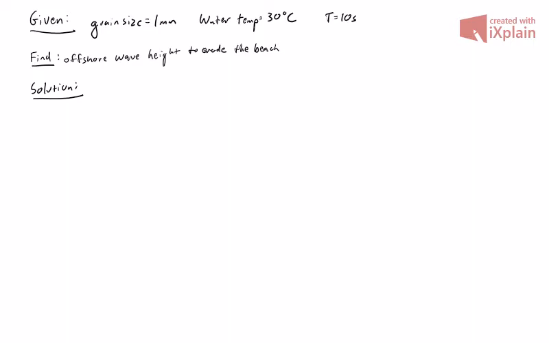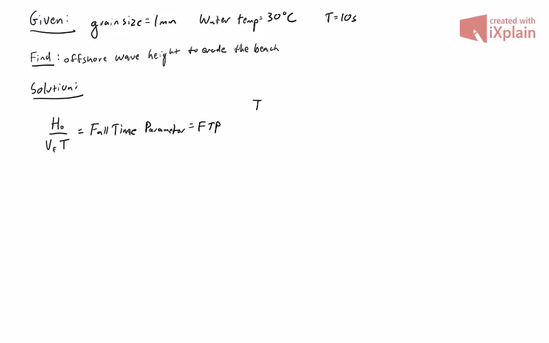Right, so what this problem is trying to get at is the whole idea of the fall time parameter, where H naught over fall velocity times wave period is equal to your fall time parameter, or just FTP.